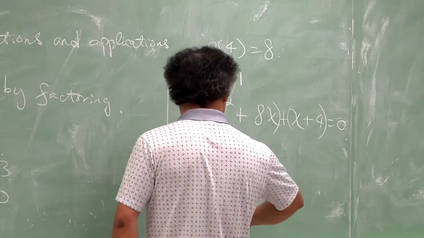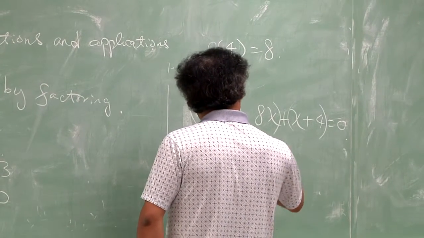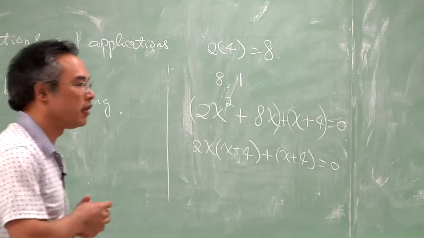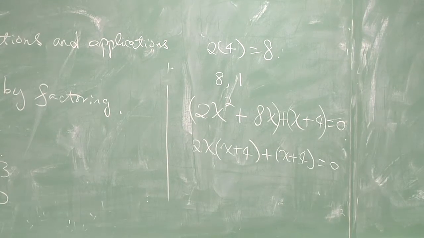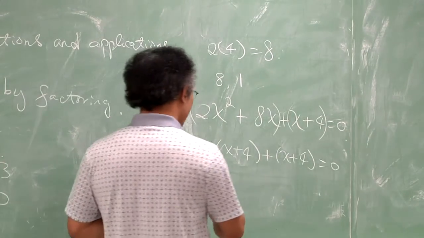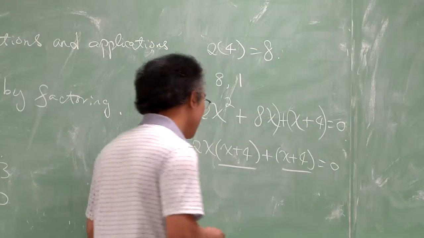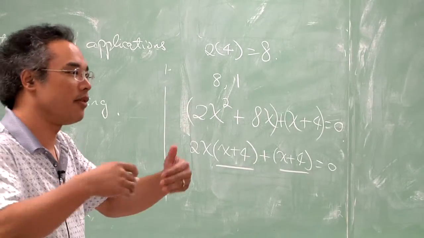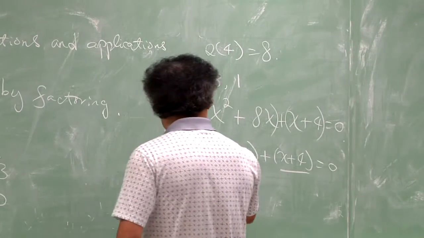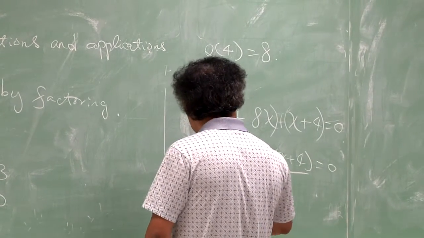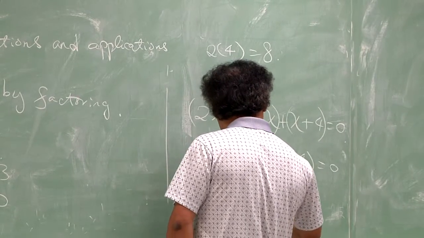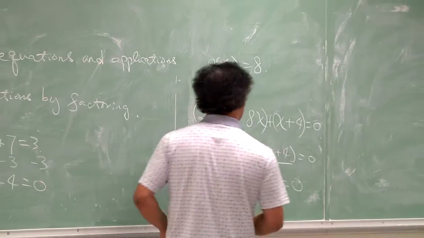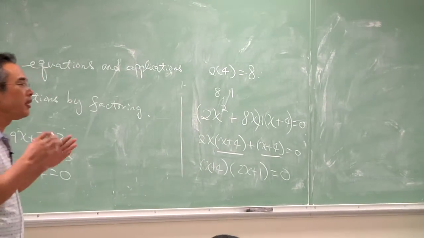Then keep the other group unchanged. Then we get a common factor of x plus 4 that can be factored from the whole thing, and it becomes x plus 4 times 2x plus 1. That's the factoring done.